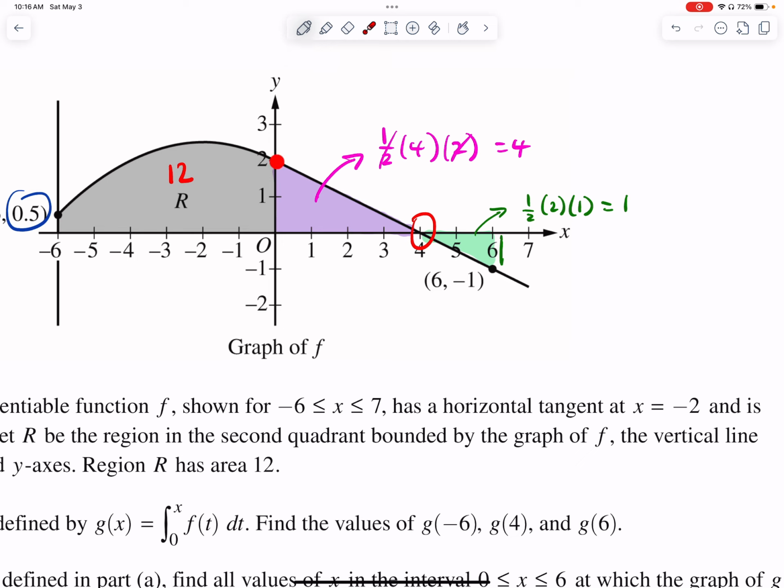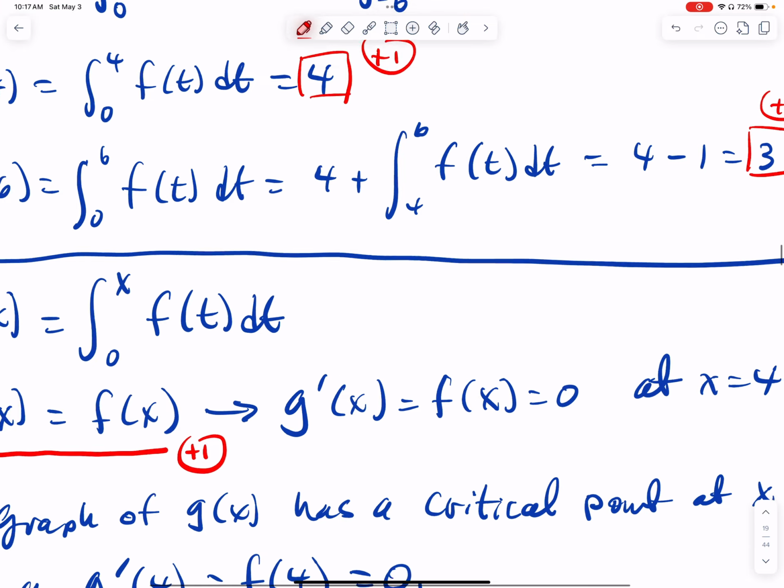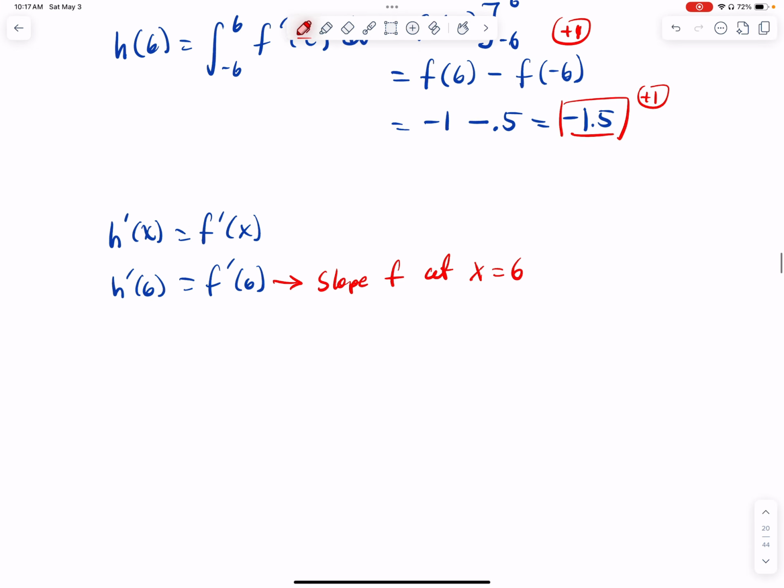So going from here to there, I got to go down 2, and I got to go right 4. So my slope is down 2, right 4, which is equal to -1/2. So h prime of 6 is equal to -1/2.